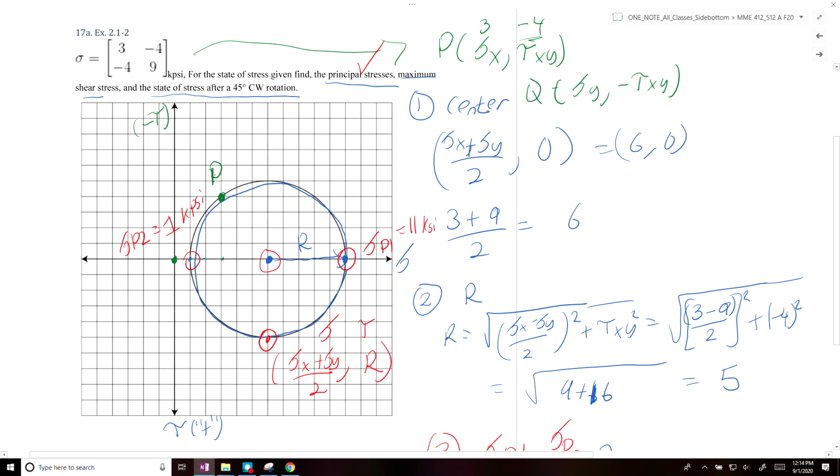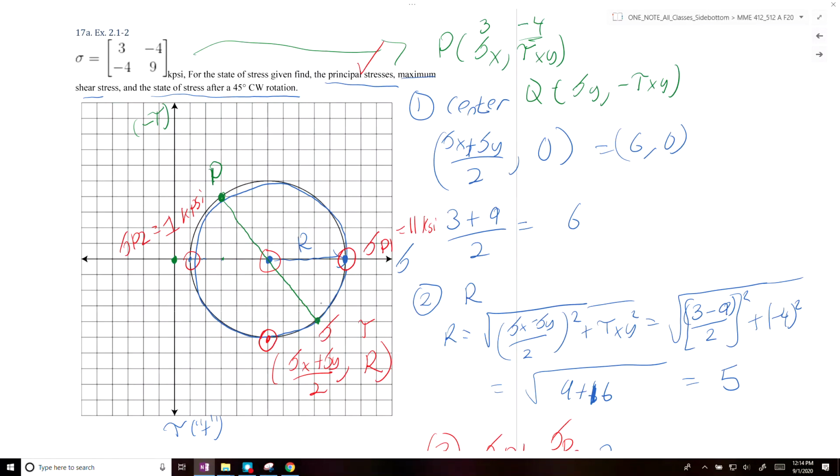And then point Q would be at 180 degrees apart. So if you draw a line straight through the origin point here, you should arrive at the other point Q here.